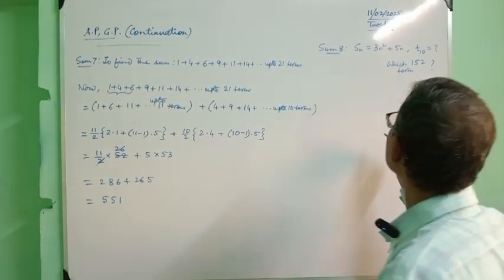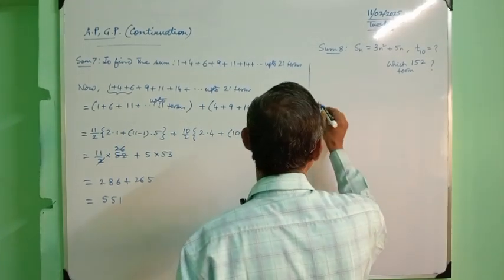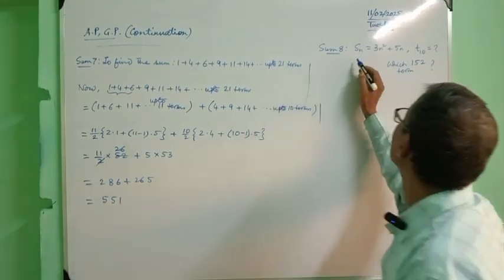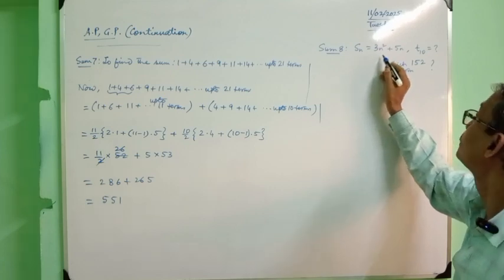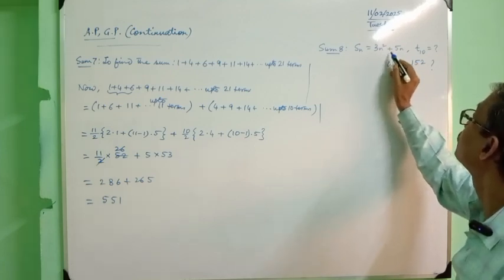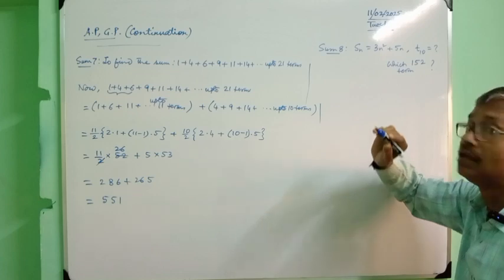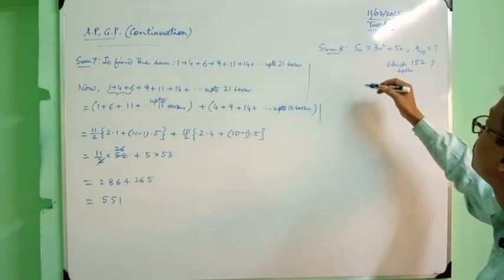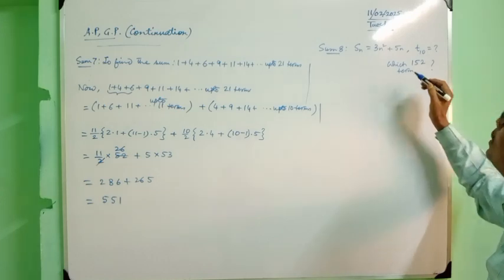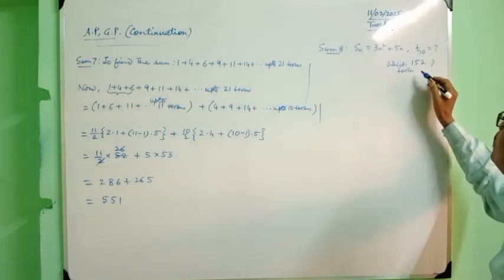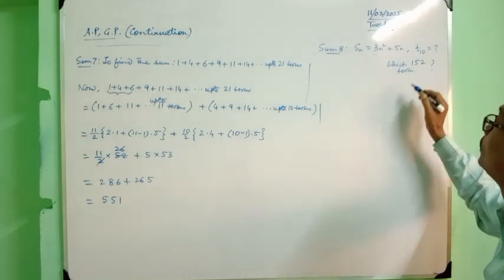Now sum number 8. Sum of first n terms of an AP is given by this expression 3n square plus 5n. Using that information, we have to find the 10th term of the AP. Then we have to find which term will be 152.